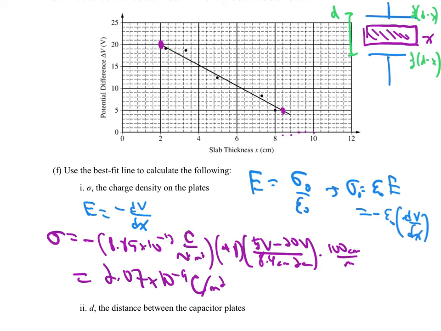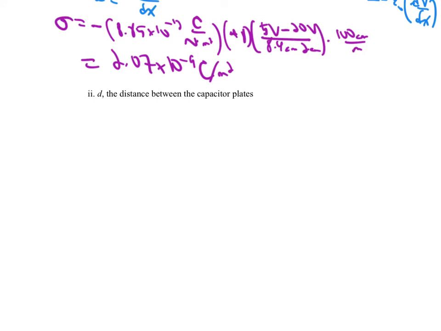To reiterate, part F, subpart 2 is to find D, the distance between the capacitor plates. There are two ways to go about this. The semi-formal way says that the voltage difference is the electric field times the path difference, how far that field is applied.